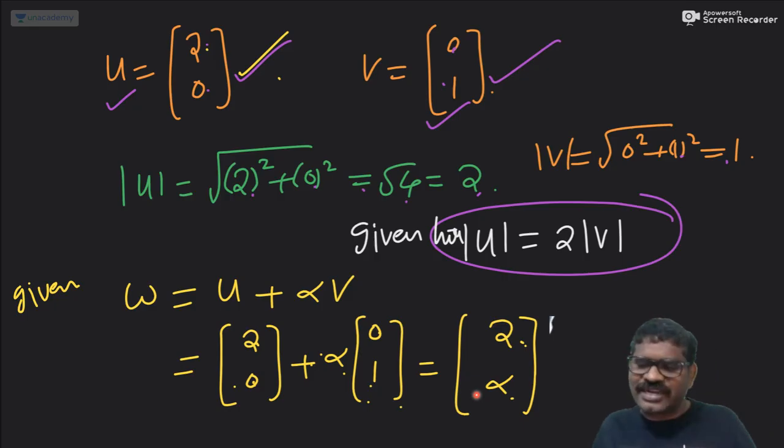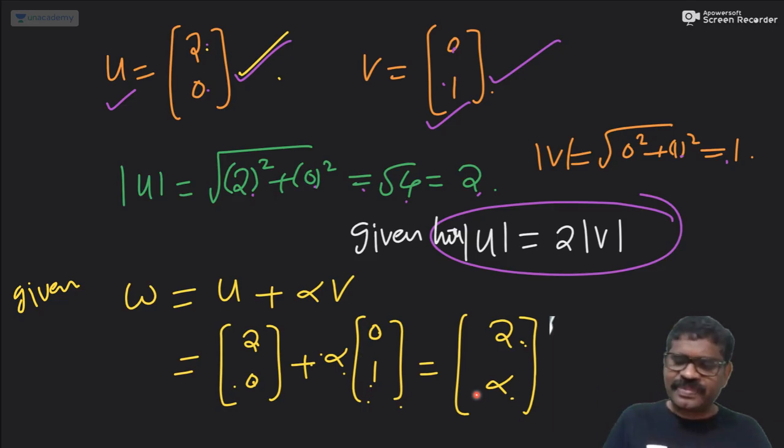Do you understand till here? At least one slide. I am coming to the second slide. Before that, I will calculate what is U bar dot W and V bar dot W. After that only I will move to the next slide.